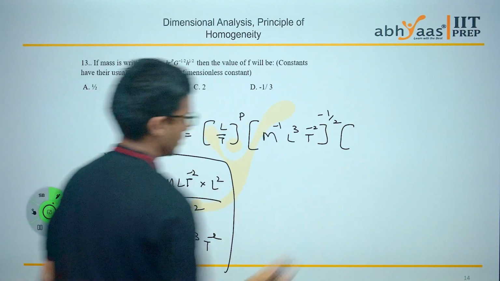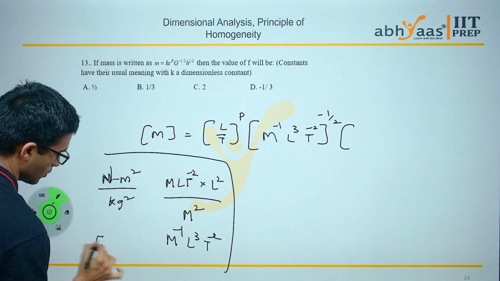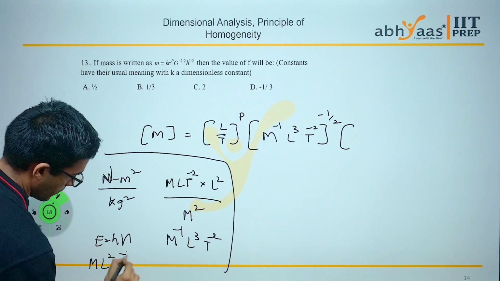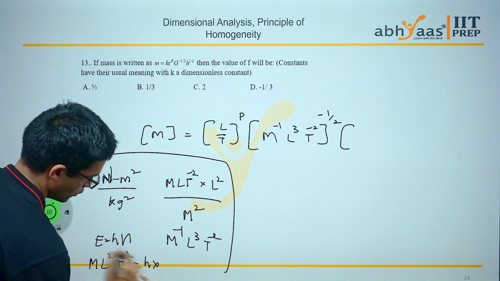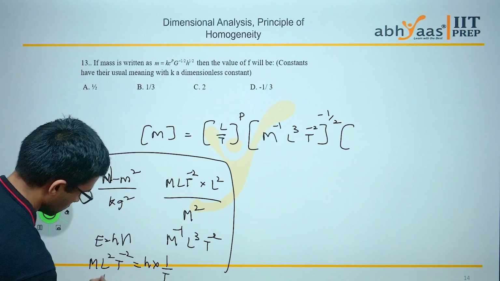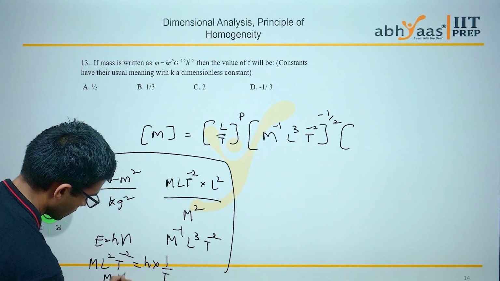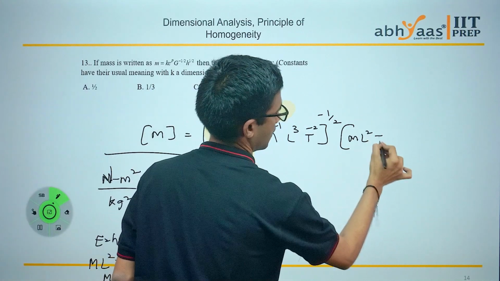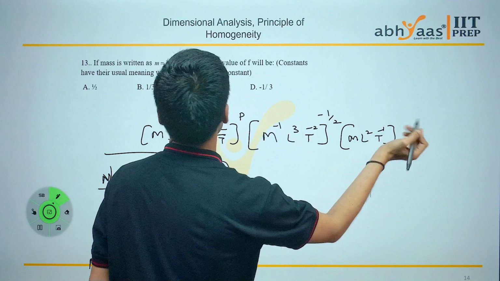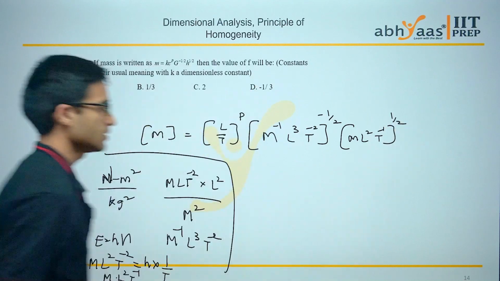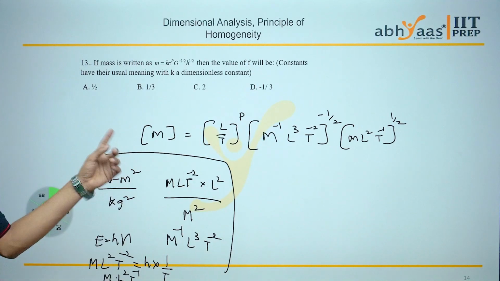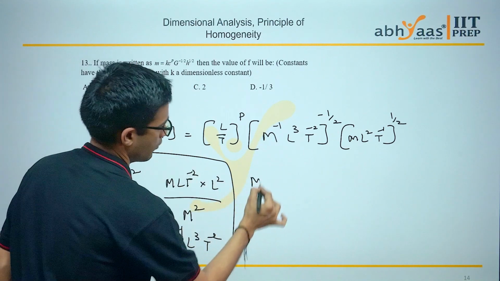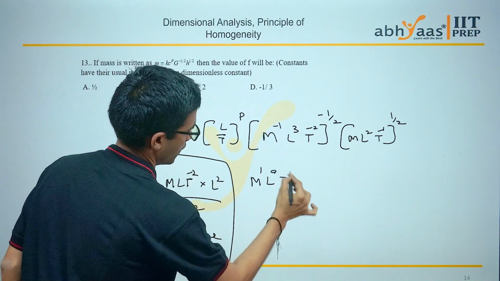H is Planck's constant. You can write E is equal to H nu. So M L square T power minus 2 is equal to H into nu, where nu is frequency, that is 1 by T. So H is M L square T power minus 1, to the power 1 by 2. Now what do you have to find? M can be written as M power 1, L power 0, T power 0.